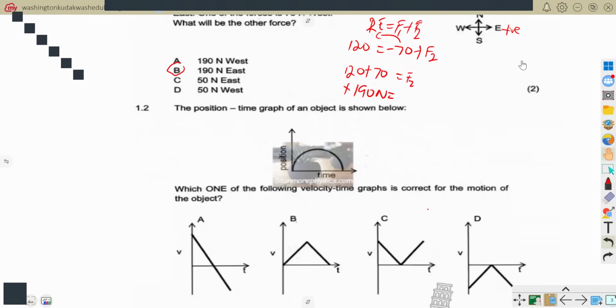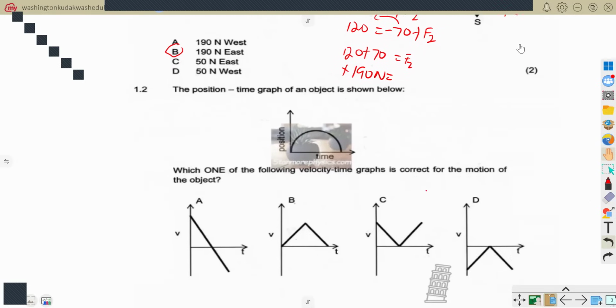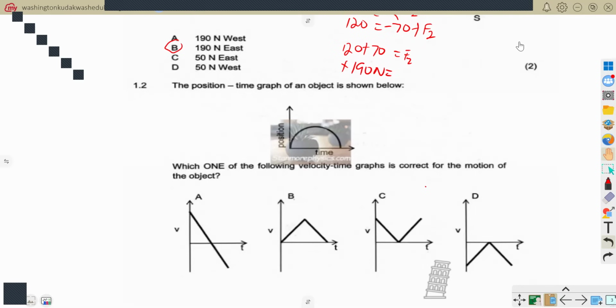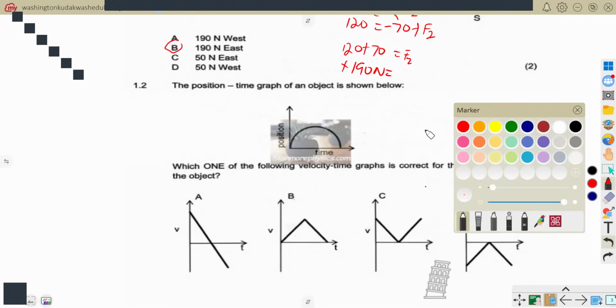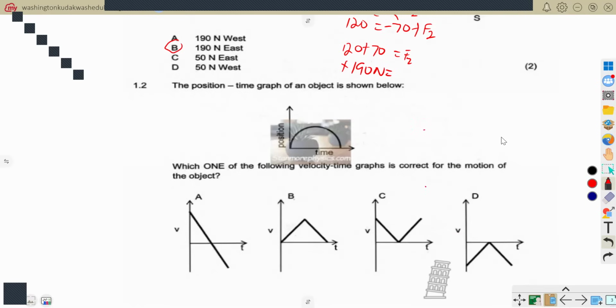So question number 1.2, you were given a position time graph, and they are saying that the position time graph of an object is shown below, and which one of the following velocity time graphs is correct for the motion of the object?